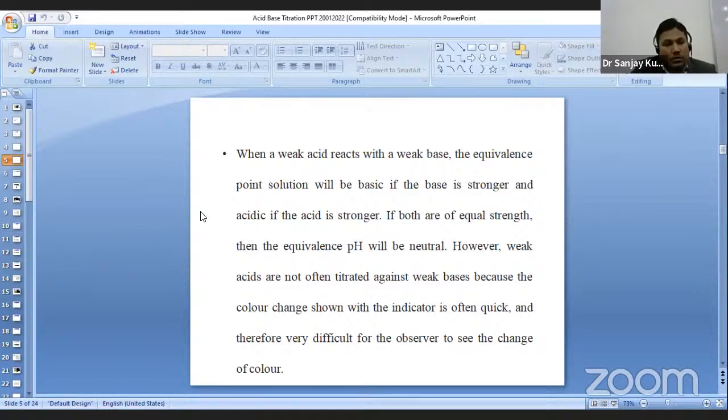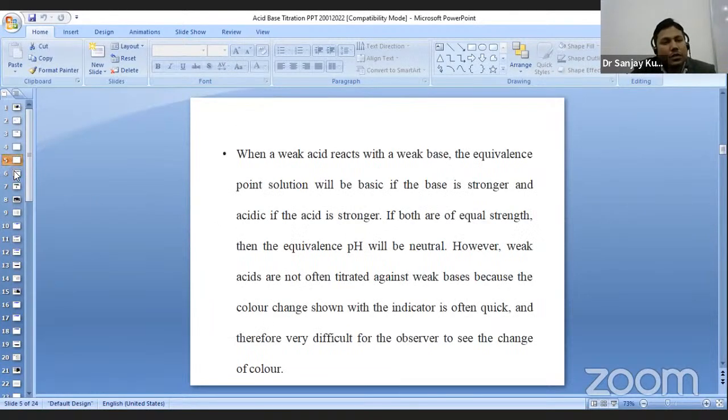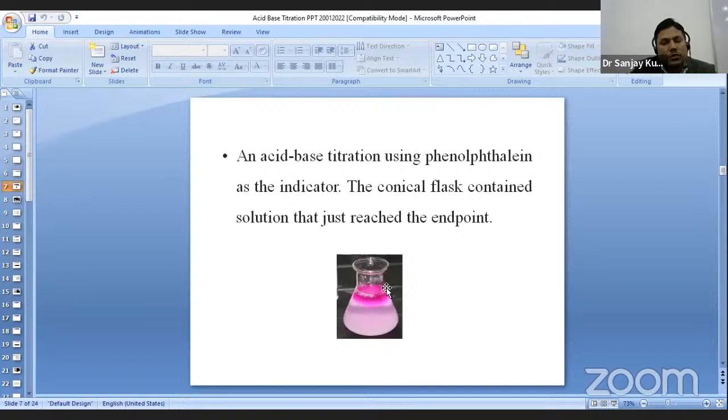In this series we need not explain theory every time, so with the help of this image, an animation, you can see a conical flask in an acid-base titration, strong acid versus strong base.